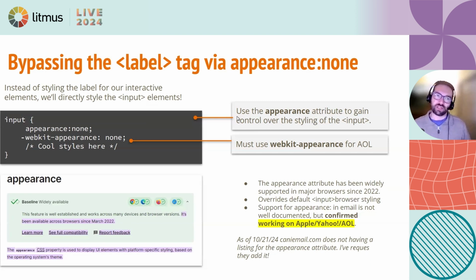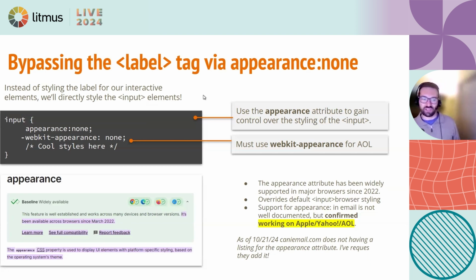For some of our inboxes that don't support the appearance attribute, we will use the label instead. But for Apple, Yahoo, and AOL, which all support appearance, we will just use direct styles on the input, forgo all of the label complication, and use the input instead. And it will make styling easier and give us that inbox support we are looking for.